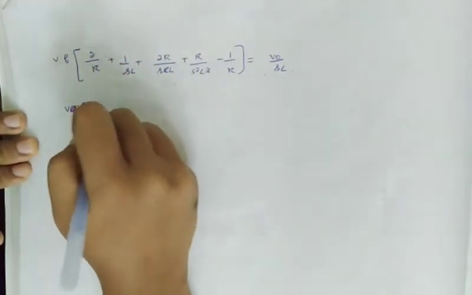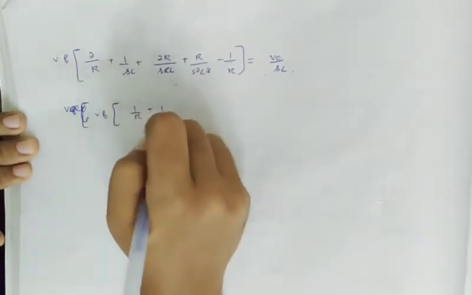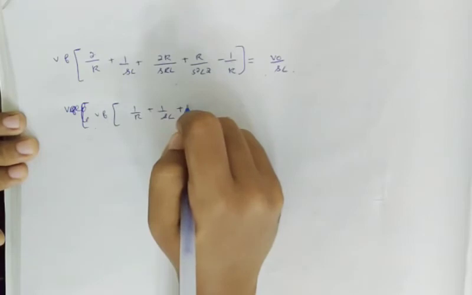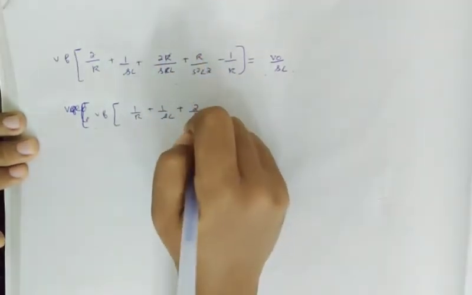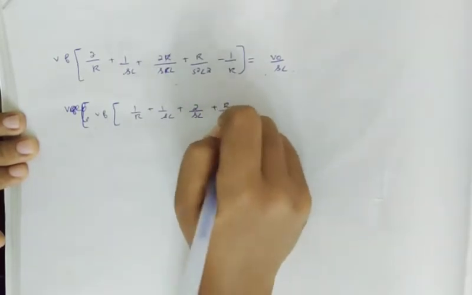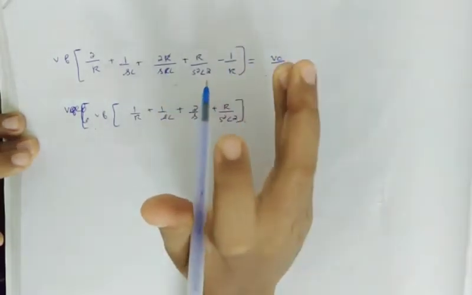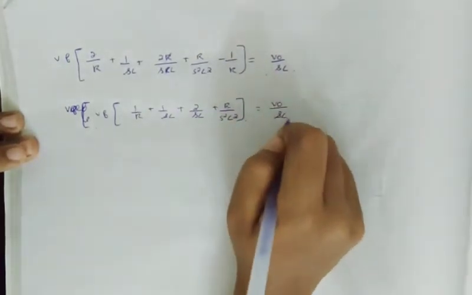Before that, I'll just simplify it. We'll get 1 by R plus 1 by SL plus 2 by SL plus R divided by S square L square equal to V0 divided by SL.